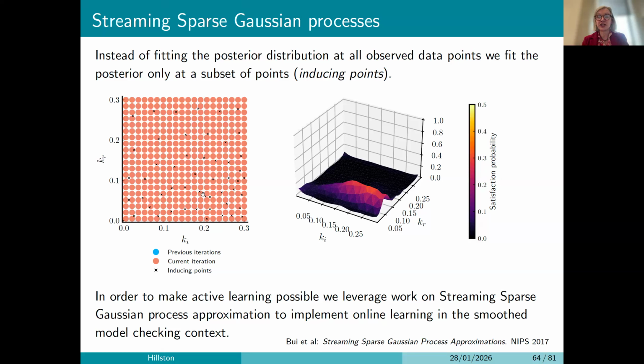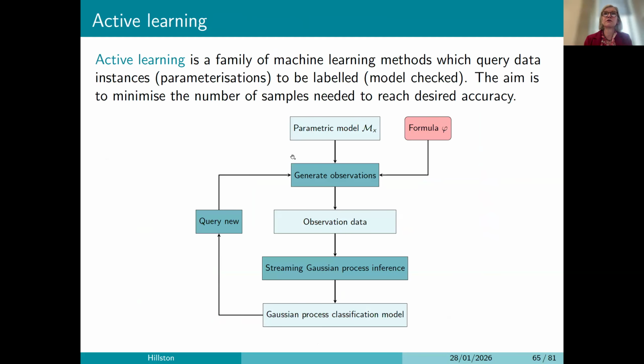You're generating data as you go along, and you can see little black crosses here, which we use as inducing points instead of using exhaustive search of the whole space. That's our first approach, the more sparse approach.